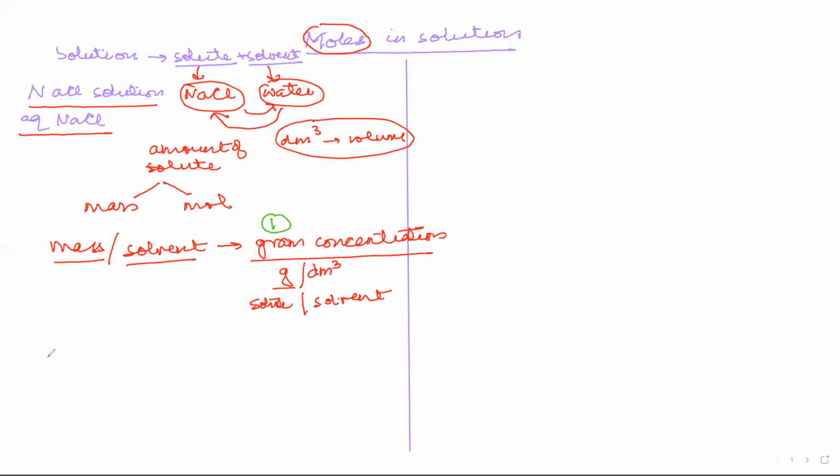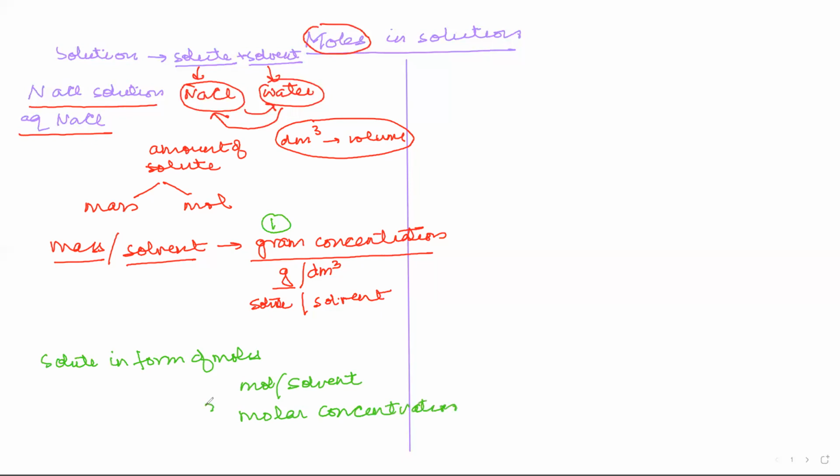Similarly, if we take the solute in the form of moles, dissolved in a certain volume of the solvent, which, as I've already told you, we take as 1 dm cube, then the concentration is said to be the molar concentration.